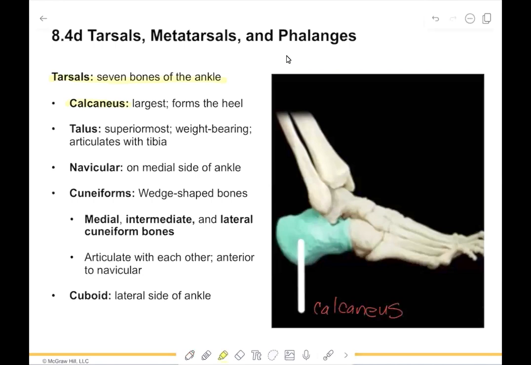The talus is the superior-most weight-bearing one, which articulates with the tibia. So the talus will be sitting here. The navicular would be on the medial ankle. Then there are cuneiforms, 3 different cuneiforms, in fact. And finally, a cuboid bone, which would be this one right here on the lateral side of the ankle.